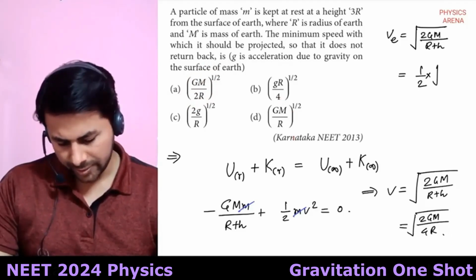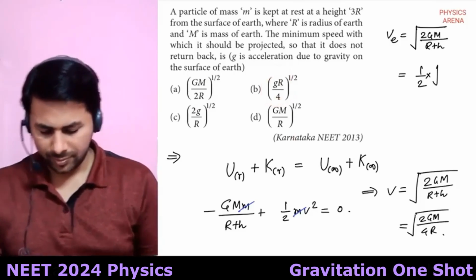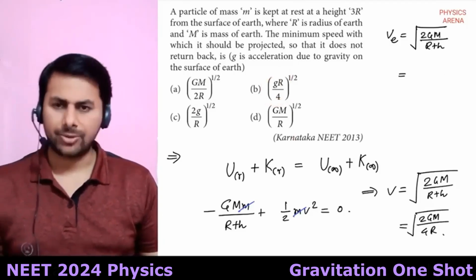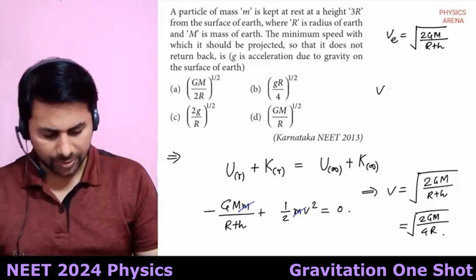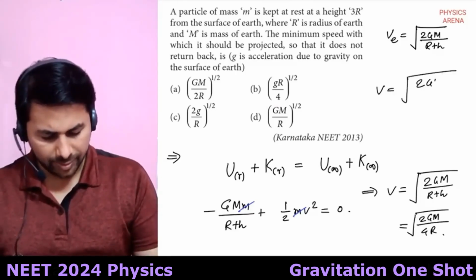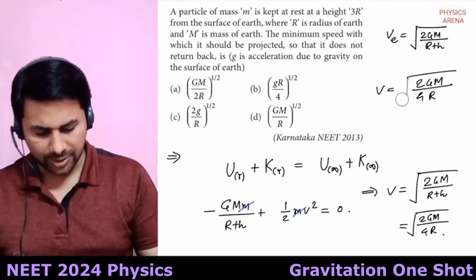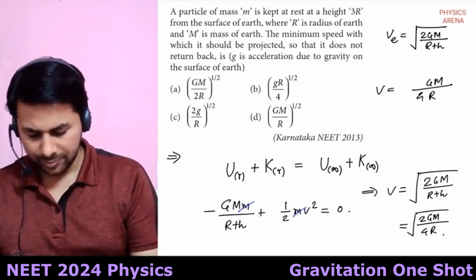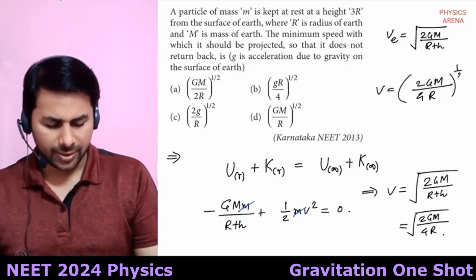Which one is correct? We got v equals 2GM upon 4r, and this can be written as 2GM upon 4r raised to half.